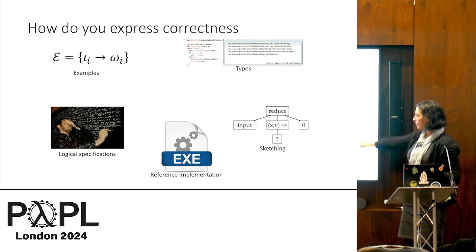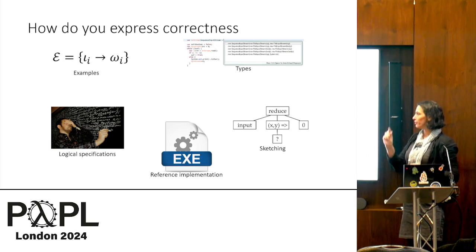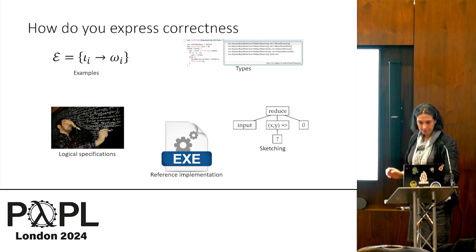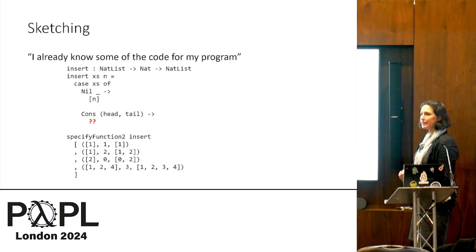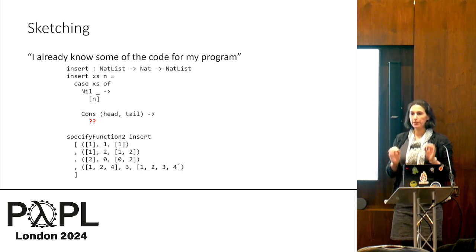And then one thing that I'm going to expand on just a tad, because it's super relevant and also kind of unlike all the others, is called sketching. And sketching is basically a way to say, I kind of know what some of the code in this program should be. I just don't know all of it yet.